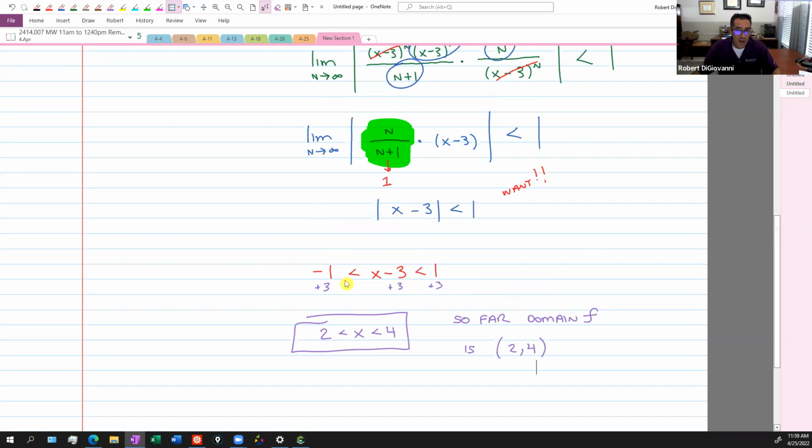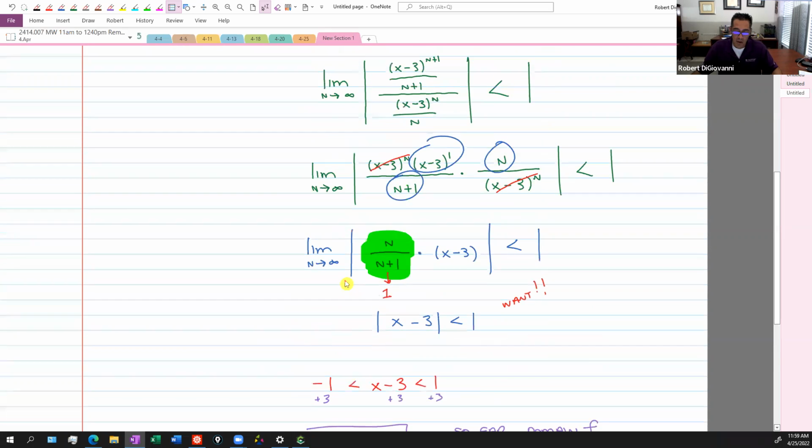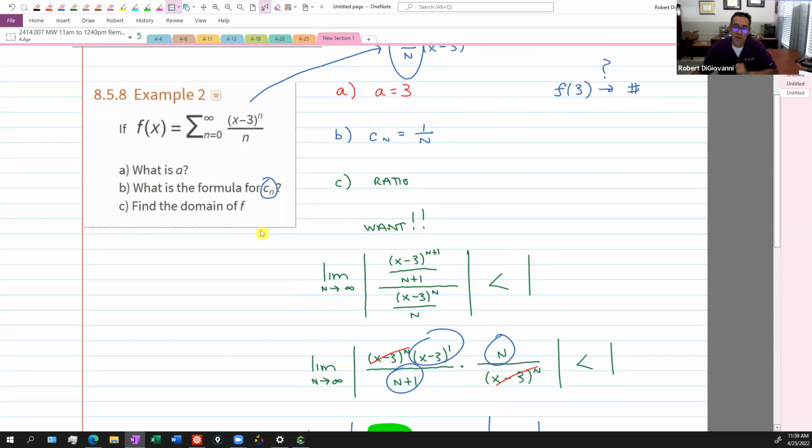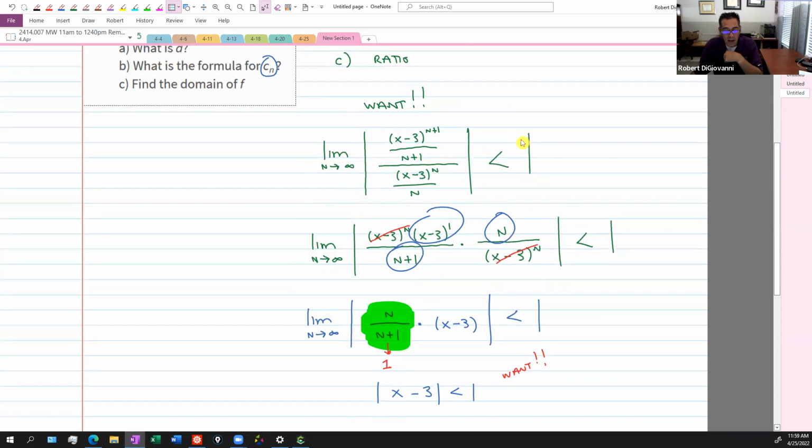Now, we have a complication that we need to address here. This always costs students lots of points on the final. So far, I have kind of found the domain. Remember with the ratio test, if this was less than 1, we had convergence. If it was bigger than 1, we had divergence, right?